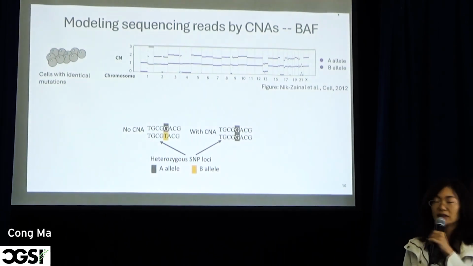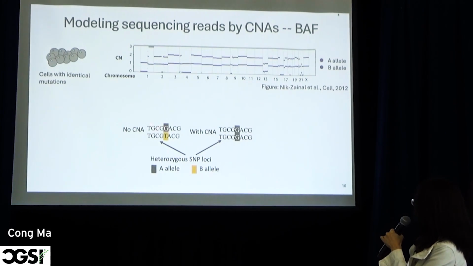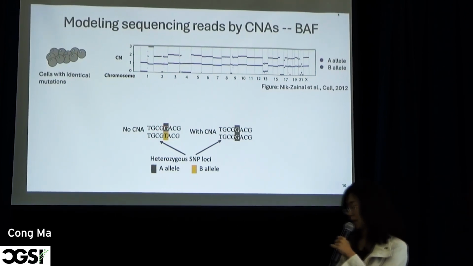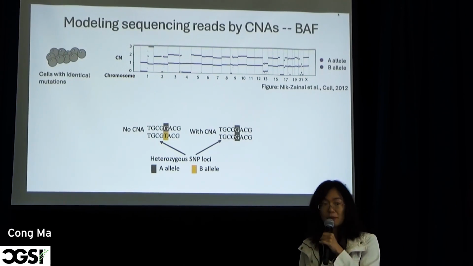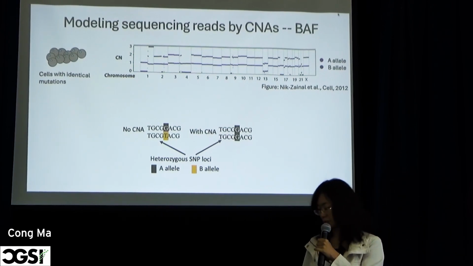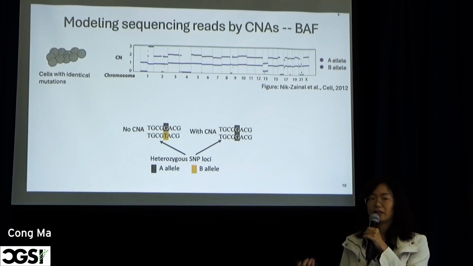So if we do sequencing on a normal cell, we would expect 50% of reads to come from one allele and 50% from the other allele. But if there are copy number aberrations, for example here, the orange allele, the B allele, got deleted, and so all the sequencing reads will only cover nucleotide G without seeing nucleotide T.